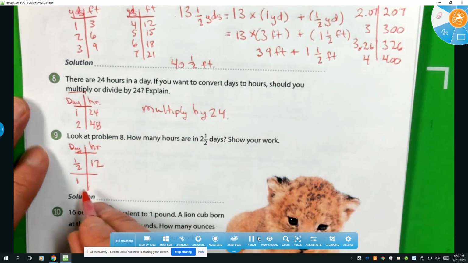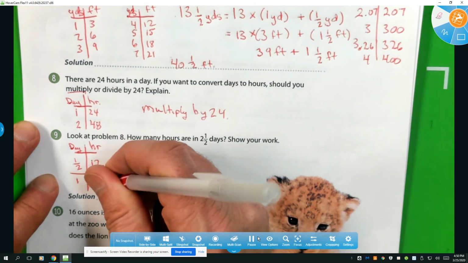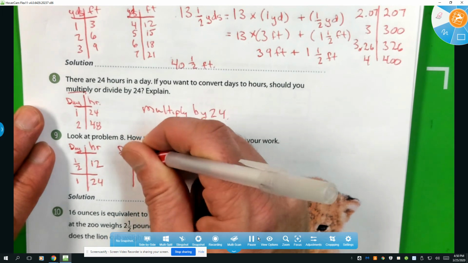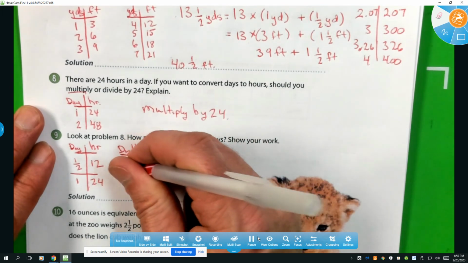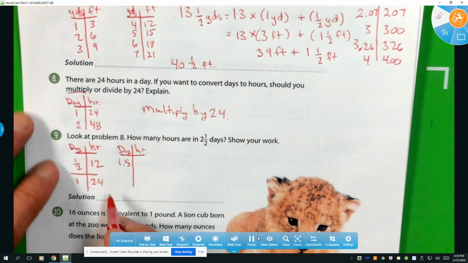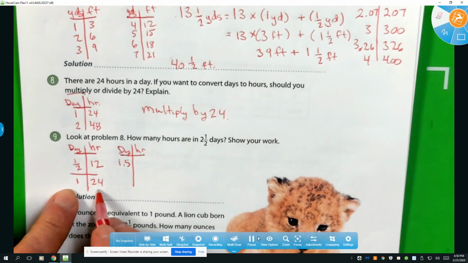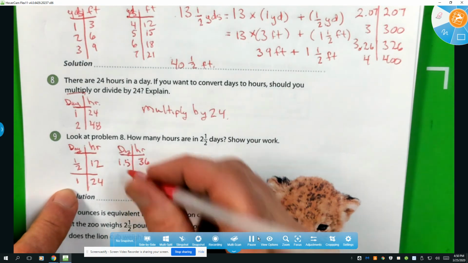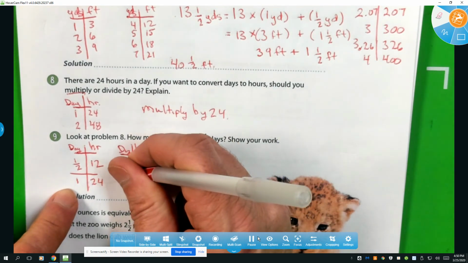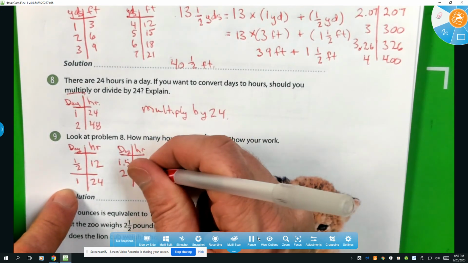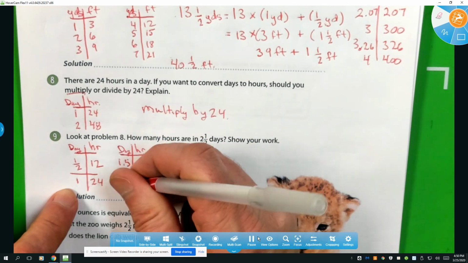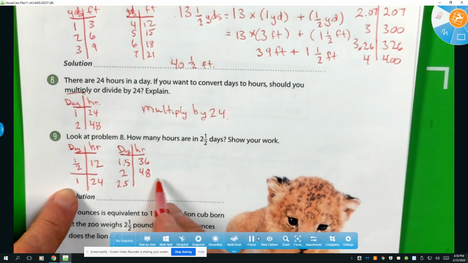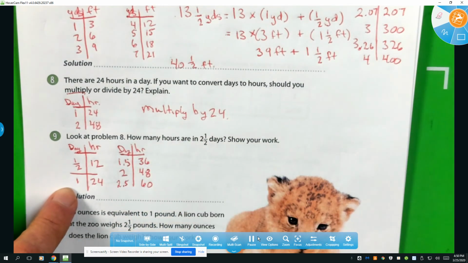So then if we get to 1 whole, 24 hours, day, hour, 1.5. So what's that going to be? 24 plus 12, 36. Then we're going to go with 2 whole, add 12 more, 48. And now we get to 2.5. All we've got to do is add 12 to it, 60.